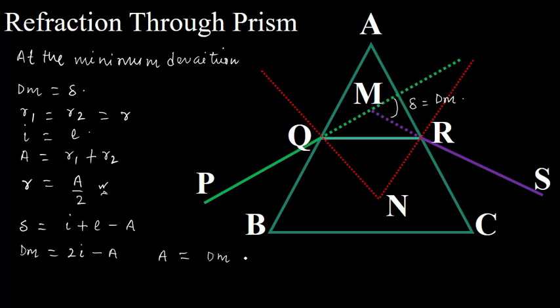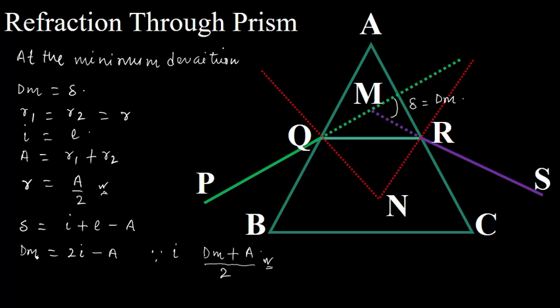So here will be A plus dm equal to 2I. Hope that there is no problem to understand at this step.